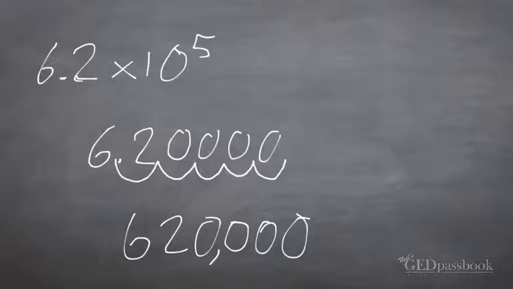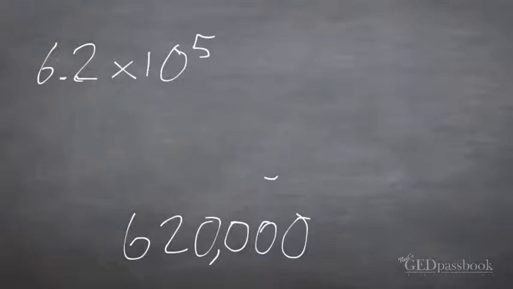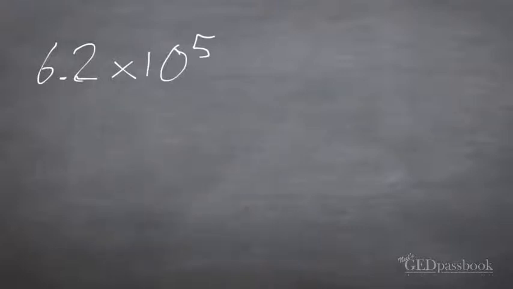If, my friends, you were given 6.2 times 10 to the power of negative 5. Guess what? Same thing, but a little different. You no longer go that way.